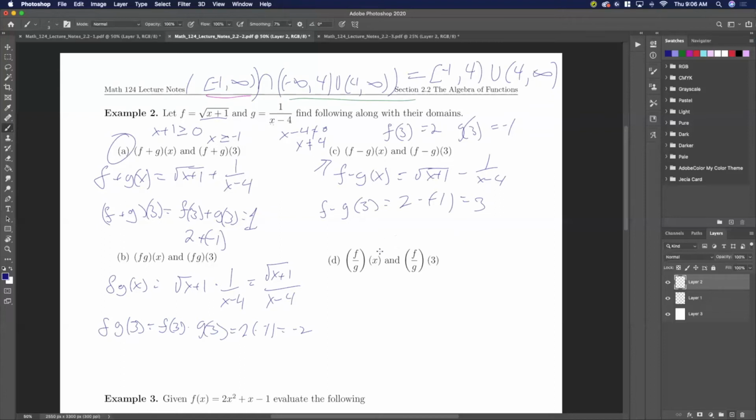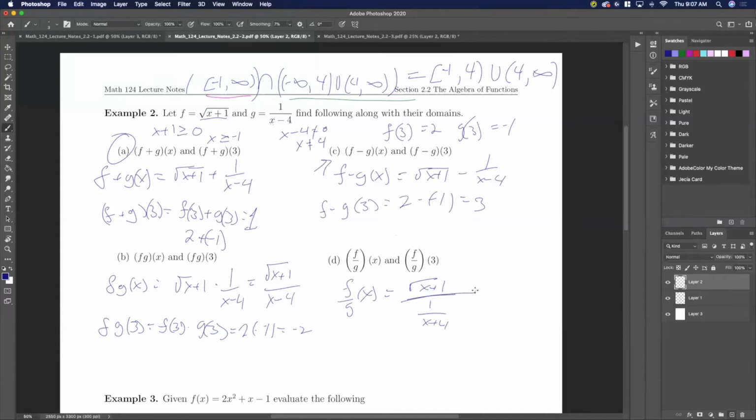Here, for d, we'll do the same thing. So it's f of x over g of x. And so here I'll have square root of x plus 1 over 1 over x minus 4. Remember compound fractions, I can flip and multiply.